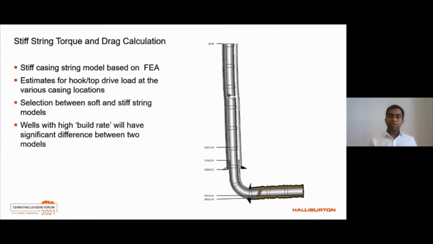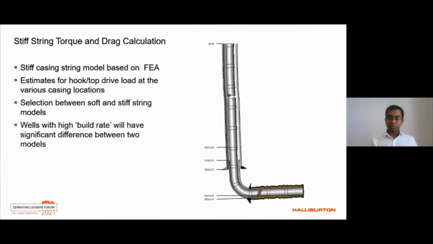The results of the torque and drag model are an estimation of the load on the hook as the casing is moving down in the well bore, and we call that casing shoe location in the charts. You have the ability to select between soft and stiff string models, the way we have done it for the standoff calculations.